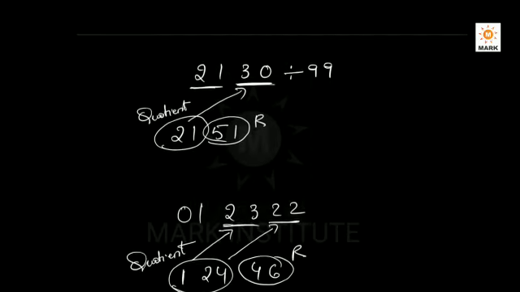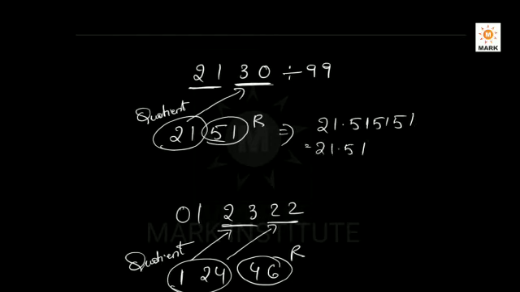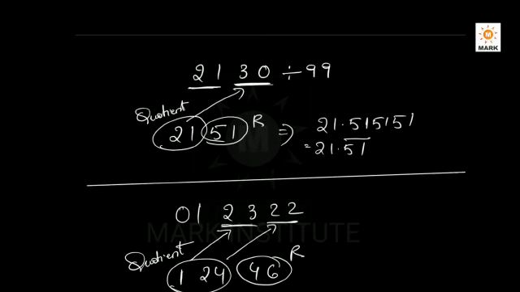Here, even with 91, even with 99, you can copy this method. 21 is the quotient and 51 is the remainder, right? So we can write the answer like 21.515151, that means 21.51 bar.